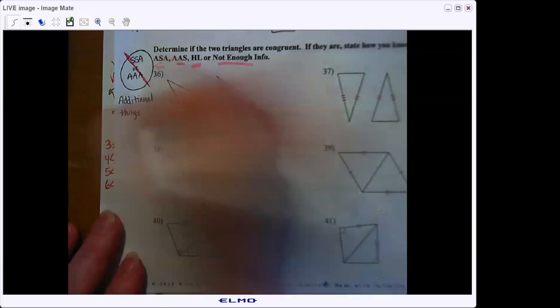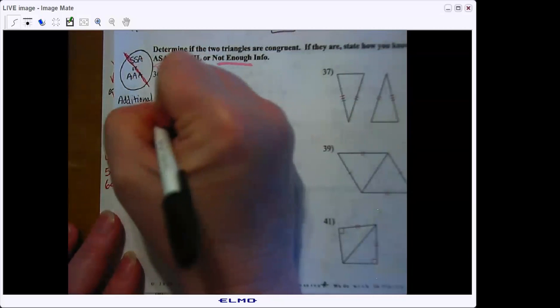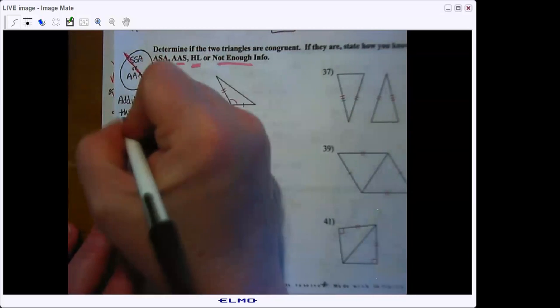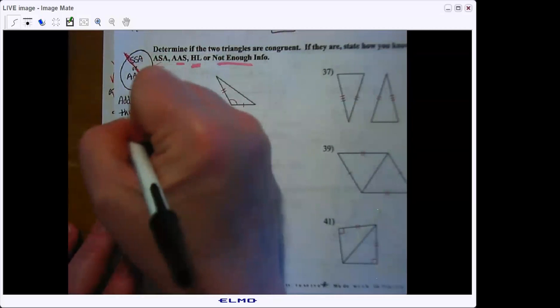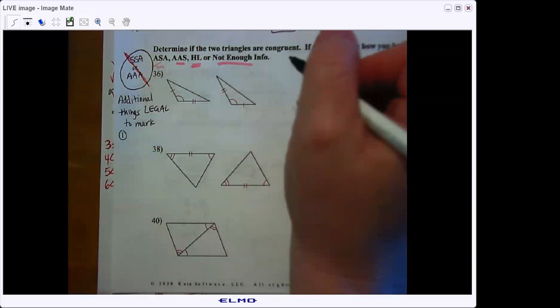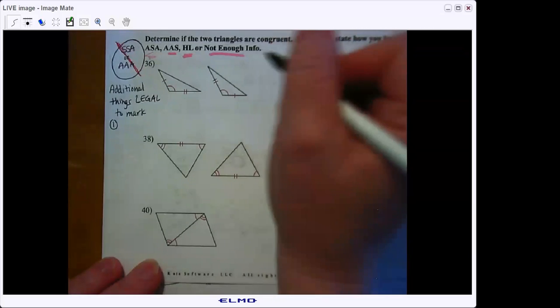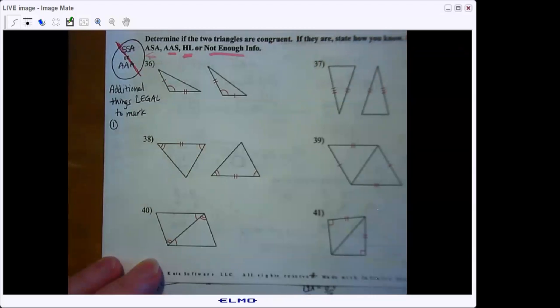I know that's really mathematically legal to mark on your picture. To mark. Okay. 1, there's 2 of them. There's only 2. Something about the side. What kind of side can I legally mark if it's not on my picture? Anybody remember?